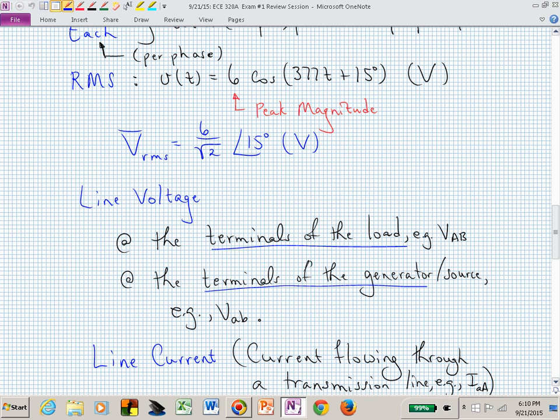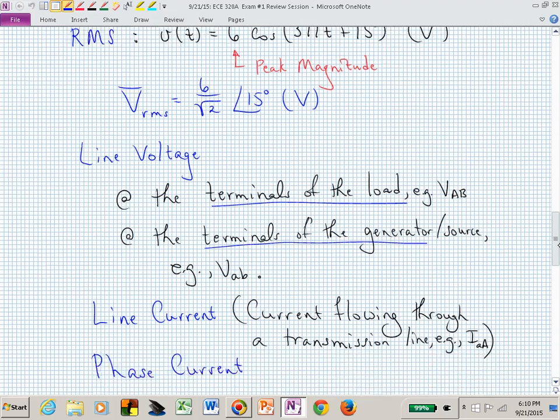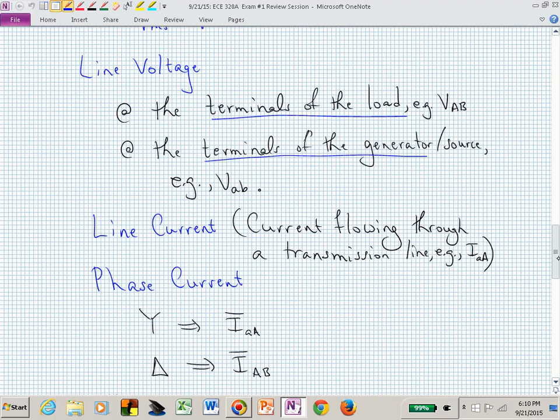Line current, contrasting that with the phase current. The line current is the current flowing through a transmission line, like I sub little a capital A, or I sub little b capital B. Phase current.